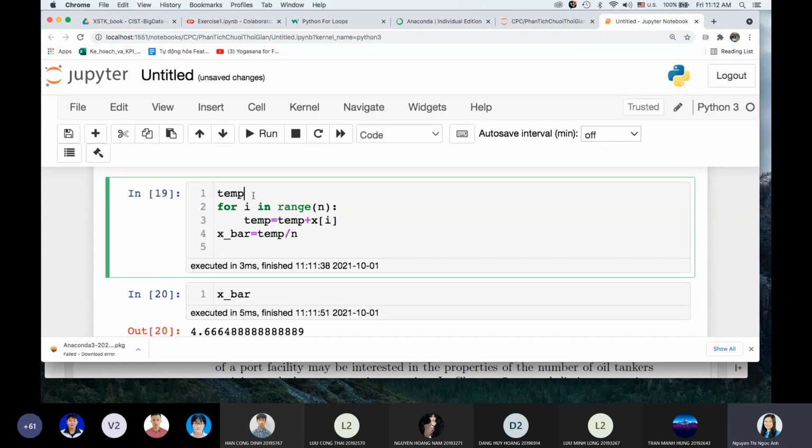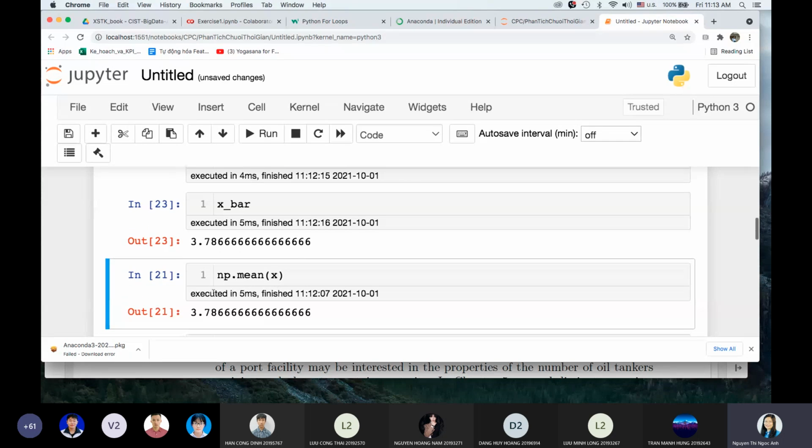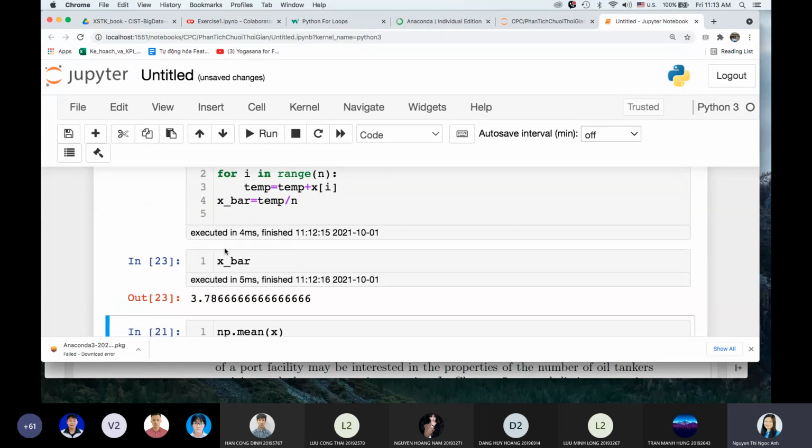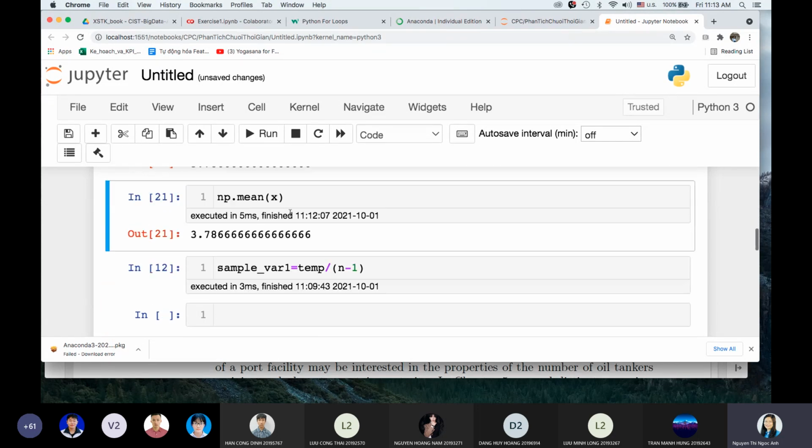Oh, sorry, I forgot to assign it equal to 0. Here, x bar is 3.78 and numpy mean gives 3.78. So here it is true. If you use this function, you can apply it immediately. If not, you can write it yourself when you know the formula of the sample mean.